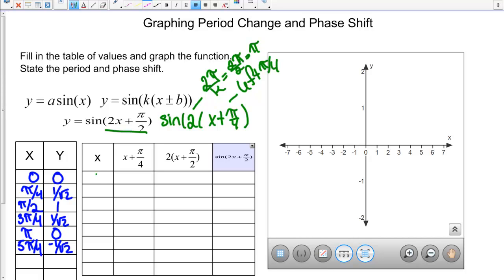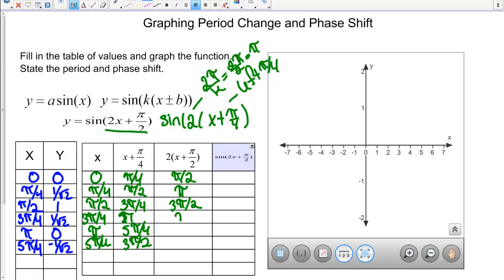So going down to our table, we're going to copy down our x's. Then we're going to add pi over 4 to each of these. So we get pi over 4, pi over 2, 3 pi over 4, pi, 5 pi over 4, and 3 pi over 2. Next column, we need to multiply these by 2. So we get pi over 2, pi, 3 pi over 2, 2 pi, 5 pi over 2, and 3 pi.